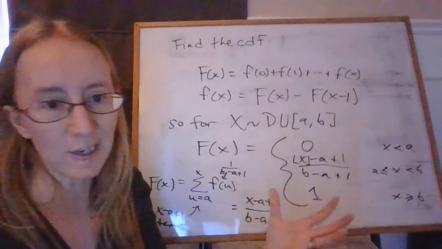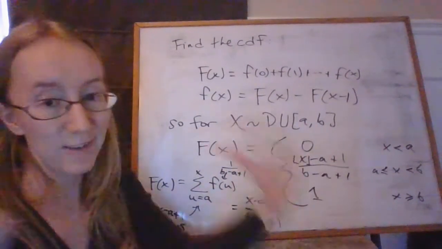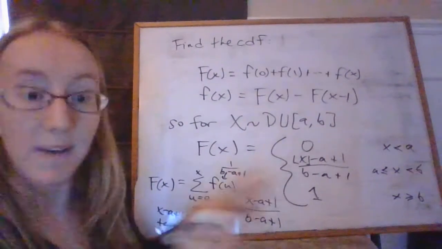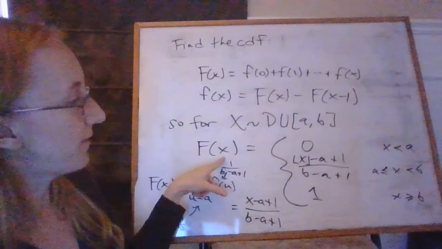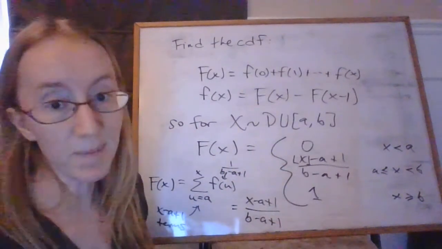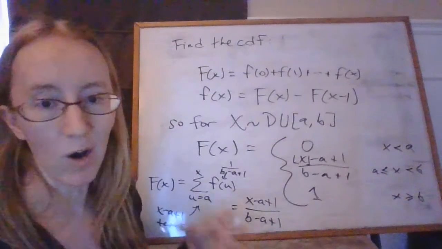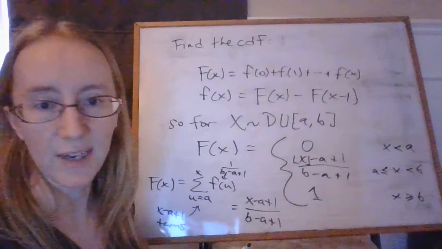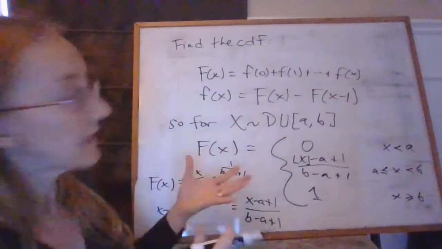If x is an integer, great, leave it alone. If x is not an integer, chop off the decimal place and then do this calculation. So now we've defined big F of x for all real values of x. Remember, the definition is not complete unless you specify it for all real values of x. So here we have it for the discrete uniform random variable. And what does this look like? Let's graph this one.